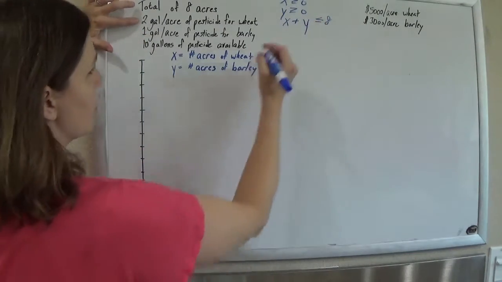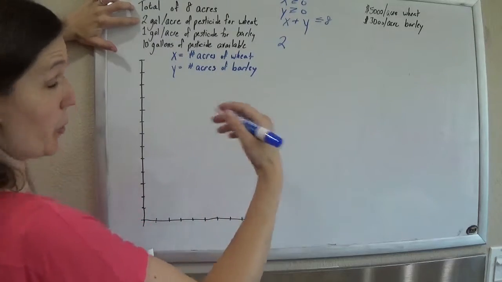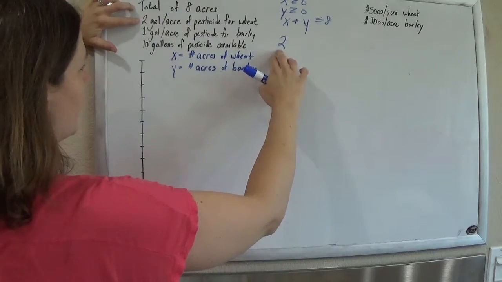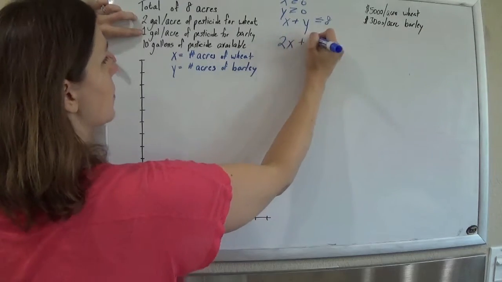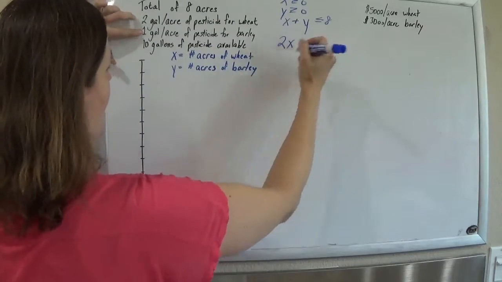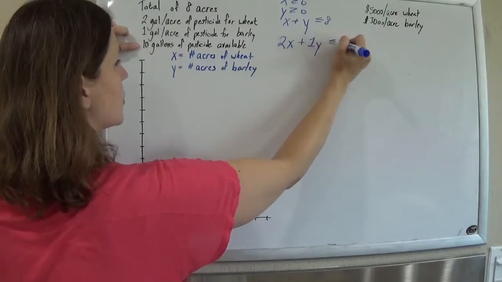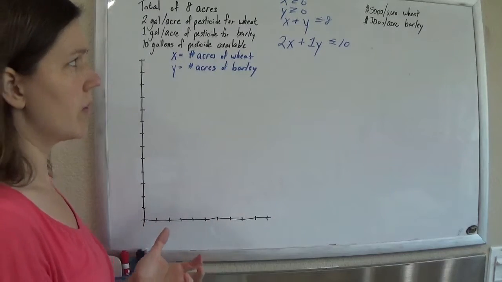I know that for 2 gallons per acre of pesticide for wheat, so 2 gallons per acre times the number of acres of wheat plus 1 gallon per acre times the number of acres for barley has to be less than or equal to the 10 gallons of pesticide that I'm allowed total.